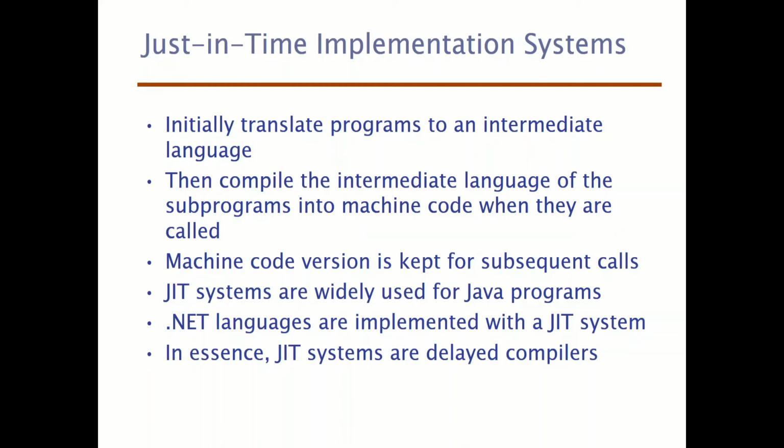We call it JScript. So these are the 5 .NET languages. They also use JIT systems. So a JIT system implementation translates a program to an intermediate language first, then it interprets it. So this is the idea.